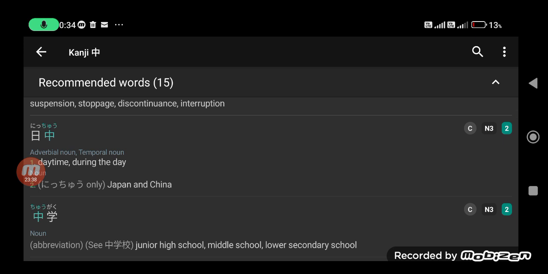日中 Have you heard the emphasis on nichu? Because the first kanji is nichi, and the chi in nichi is a consonant doubler. So the effect of the consonant doubler is that it will require stress on the pronunciation of the consonant of the following reading.